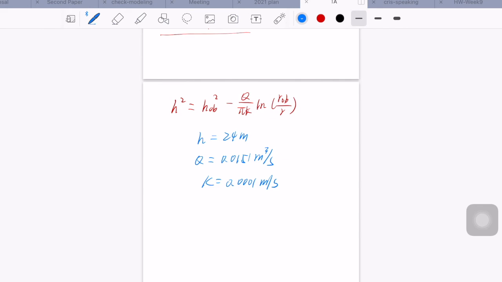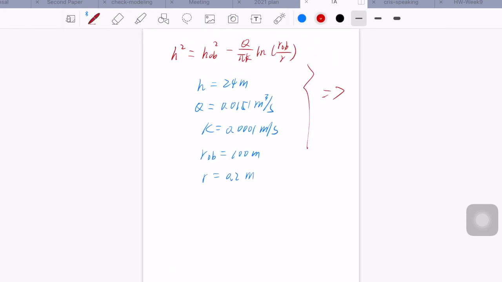Now RB should be equal to 100 meters, and R equals 0.2 meters. So we can determine that HOB should be equal to 29.6 meters.